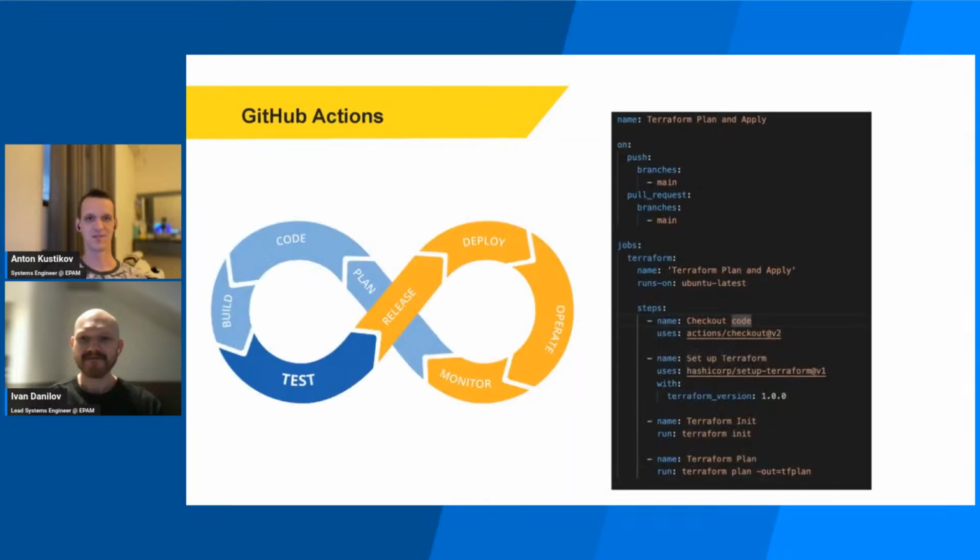Okay, let's move on. Now we'll briefly talk about GitHub Actions. GitHub Actions appeared in our course in, I think, the latest implementation of the course, because it's quite cool to understand how GitHub Actions works.